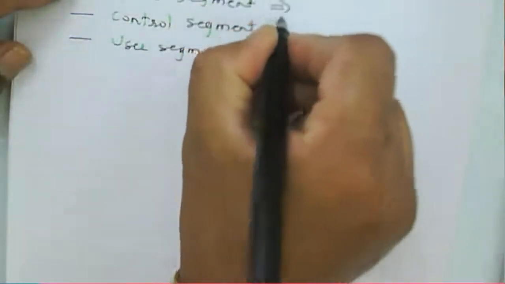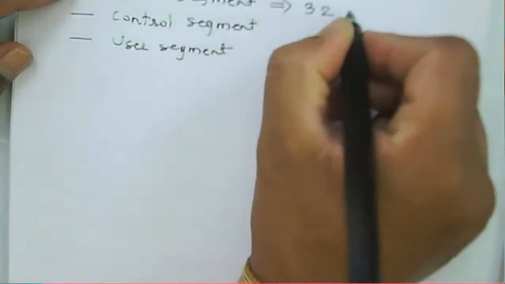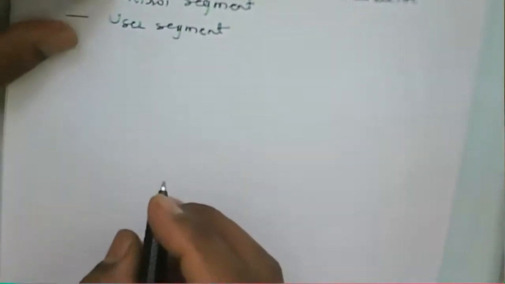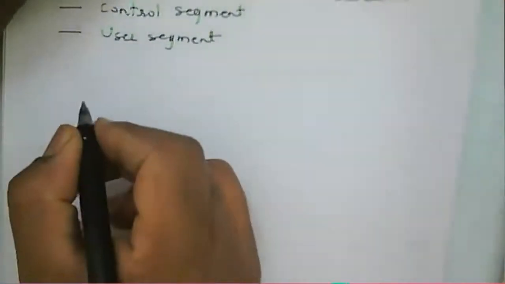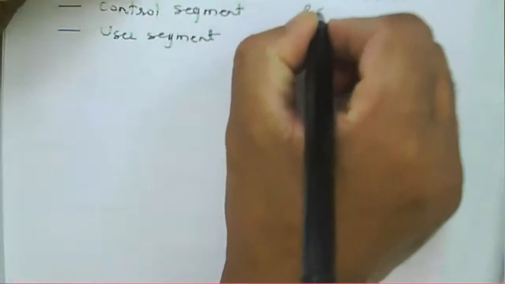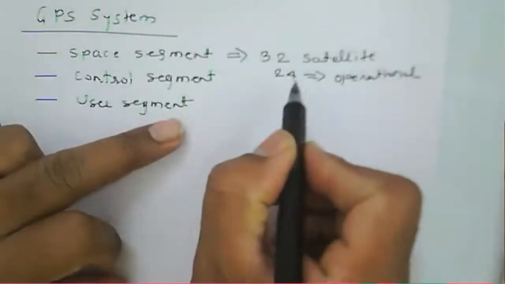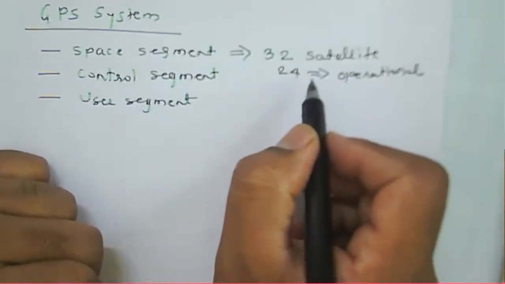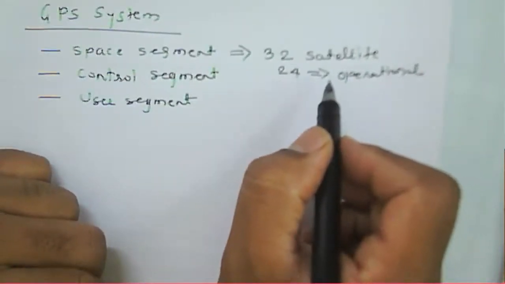Out of those 32 satellites, 24 satellites are operational, and they are operating there.